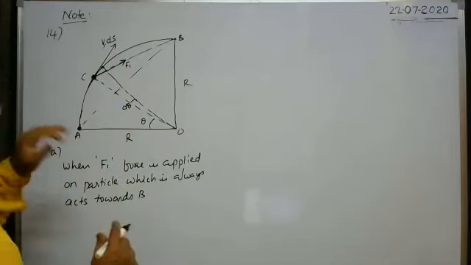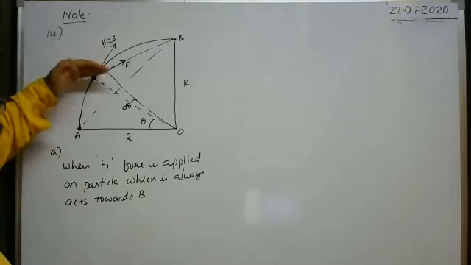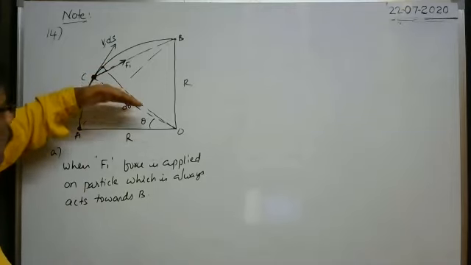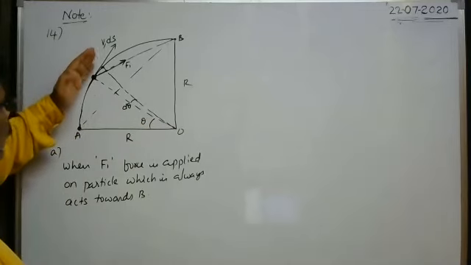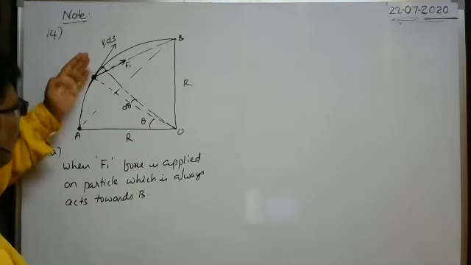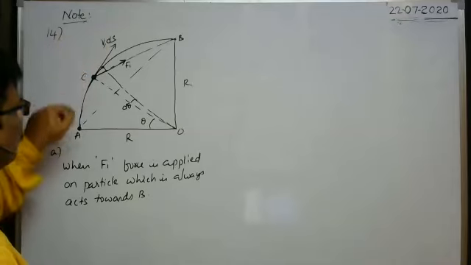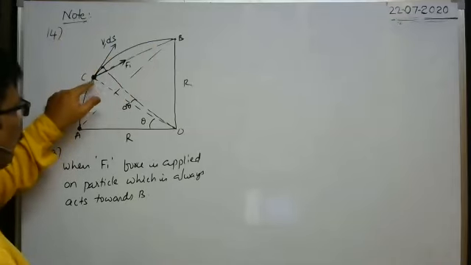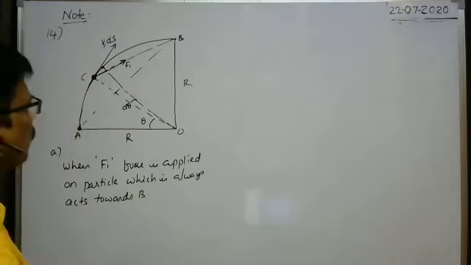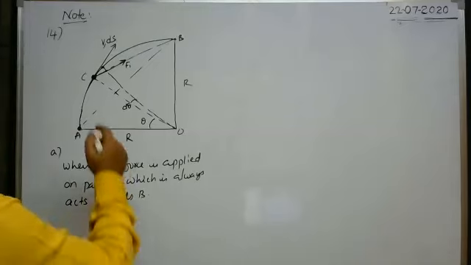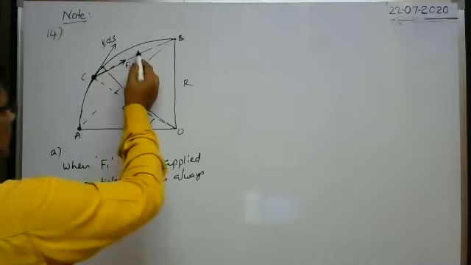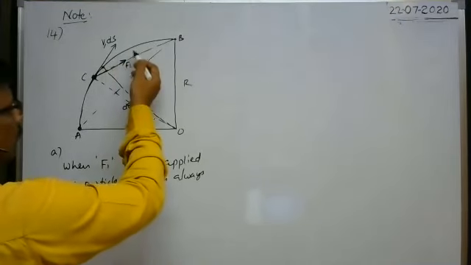So in general, whenever the particle lies at C, so that it displaces through an angle theta from the horizontal, at that time the direction of motion or direction of displacement is along the tangential direction at this point to this arc, and the force acting on the particle is towards B. Now, in this case, what is the work done? As long as the particle displaces like this, the direction of motion continuously varies, no?